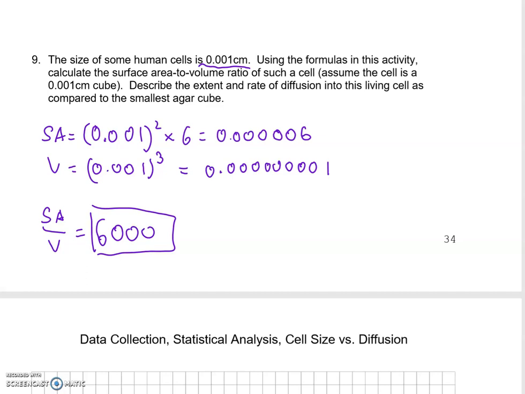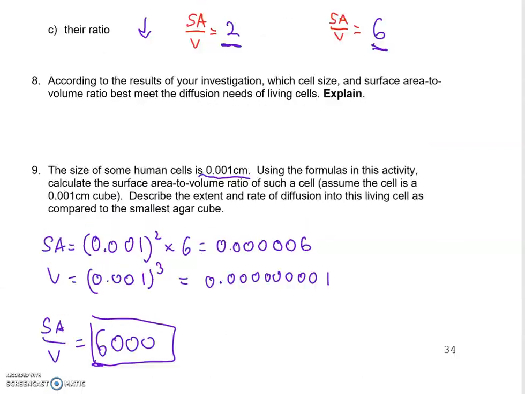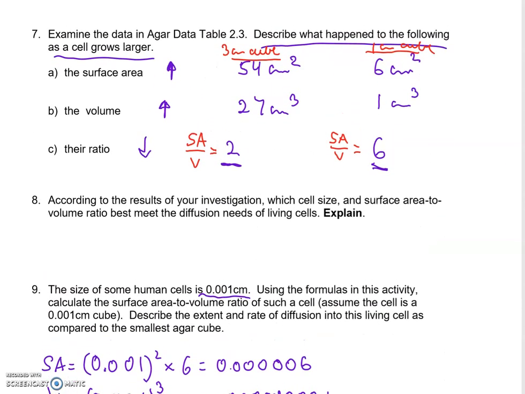If you take the ratio of 0.0000006 divided by 0.000000001, then you will find that the surface area to volume ratio of this little cube is 6,000, and compare that to these fairly large 3 centimeter and 1 centimeter cubes.